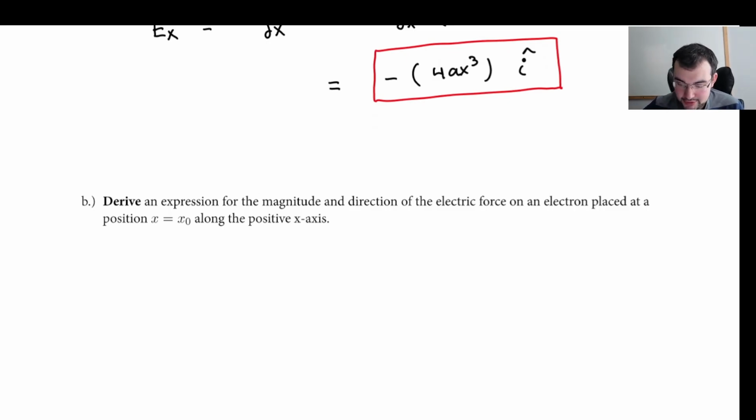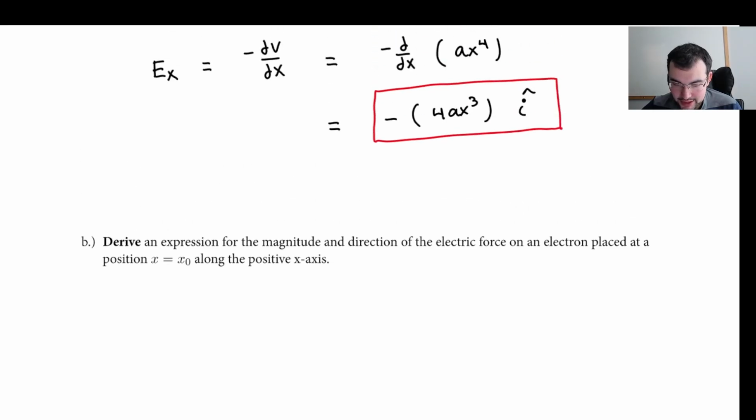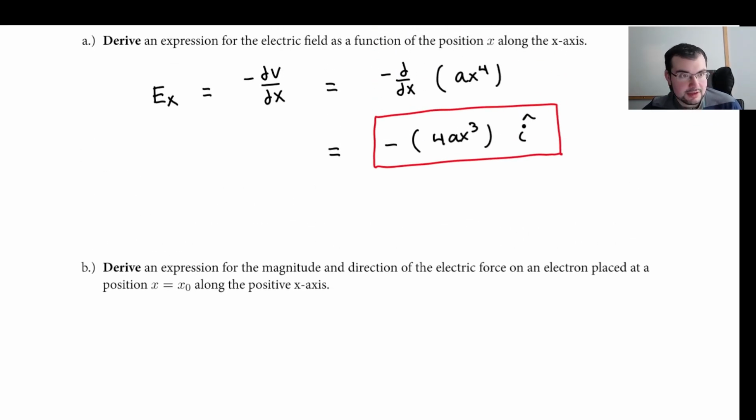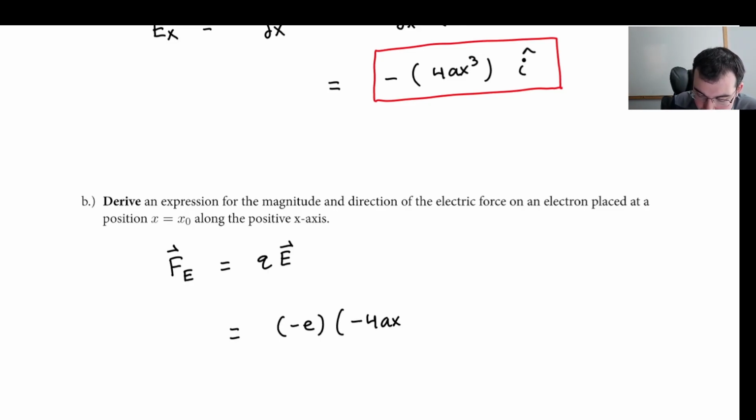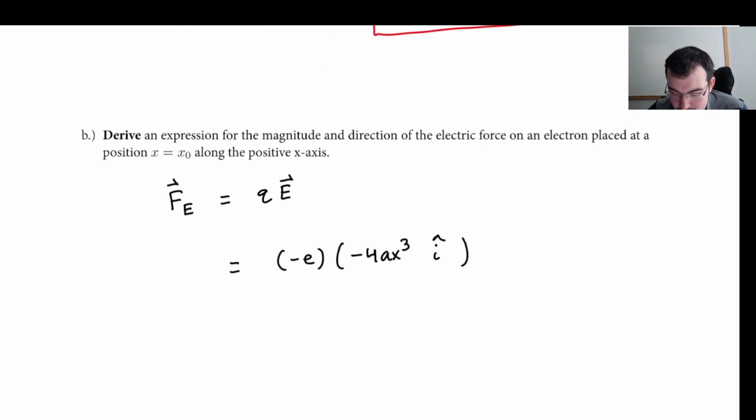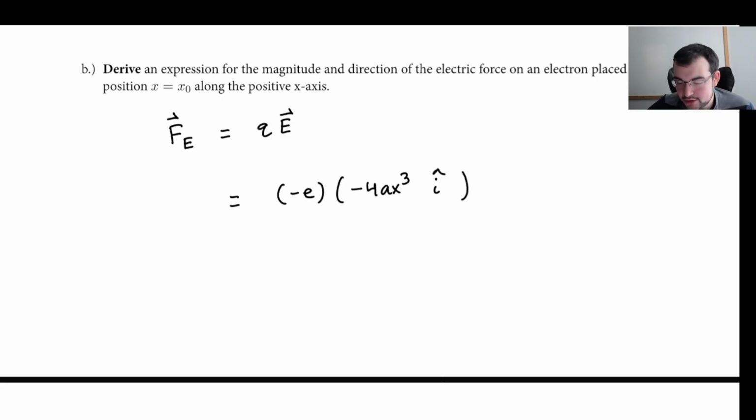Now, if we do the electric force on an electron placed at a certain position along the positive x-axis, we know that we can get the force just by multiplying that charge into the field. And in this case, an electron is an elementary charge with 1 unit of negative charge, and our E field was given as negative 4ax cubed times i hat, or 4ax cubed left.